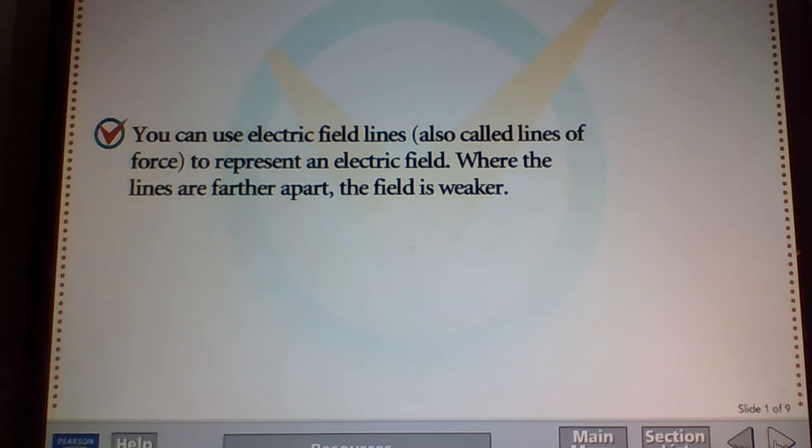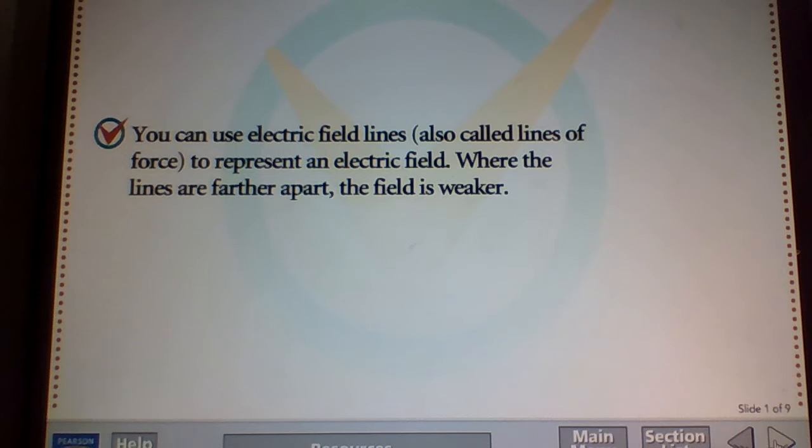So 33.2, electric field lines. We did field lines when we talked about gravity. Again, how we draw these is based on how far apart they are or how long we draw the lines. So these electric field lines are just a representation where we're trying to show what the field would look like.